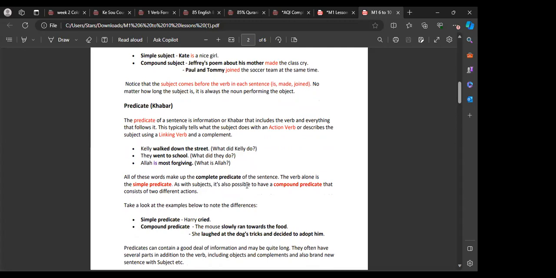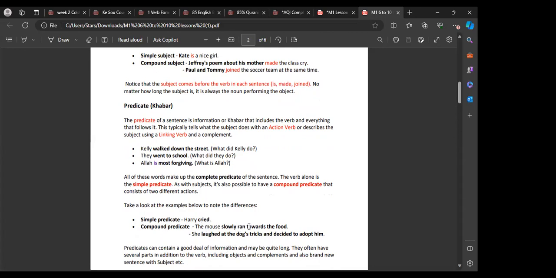The verb alone is the simple predicate. As with subjects, it's also possible to have a compound predicate that consists of two different actions. So, for example, the simple predicate, Harry cried. Harry is the subject, cried is the predicate. Or the compound, complicated predicate, the mouse slowly ran towards the food.